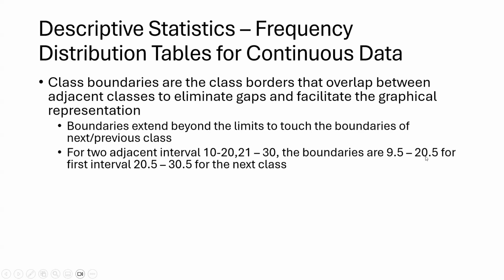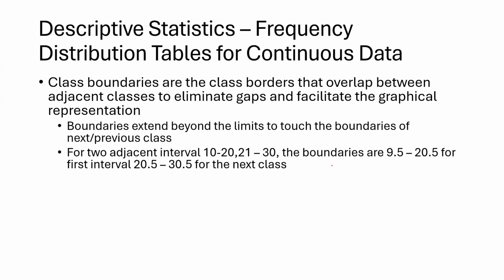So this is the boundary for the class 10 to 20. And for the next class, from 21 to 30, it is 20.5, which coincides with the upper boundary of the previous class. The upper boundary for the previous class and the lower boundary for the next class coincide. And the upper boundary for this next class is going to be 30.5.